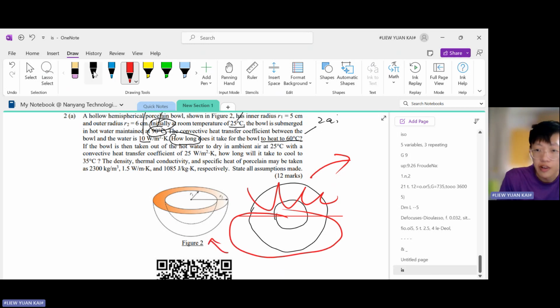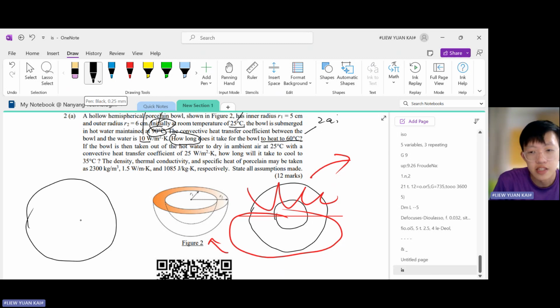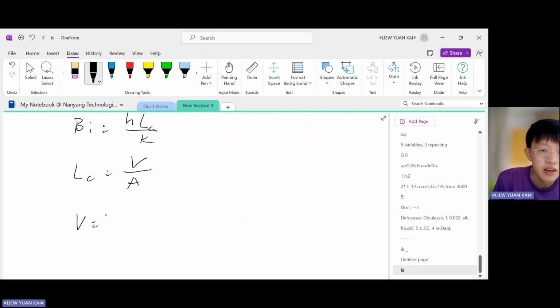When you have this process in mind, you will be able to suss out the expression for the volume of this hemispherical bowl. Remember, I started out with a sphere of radius R2. The volume of a sphere is given by 4 over 3 pi r cubed.